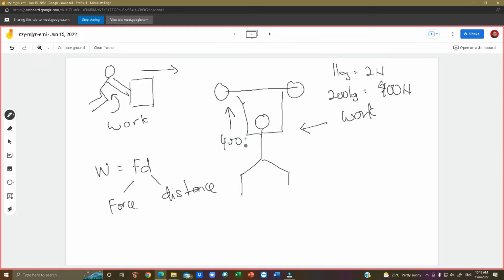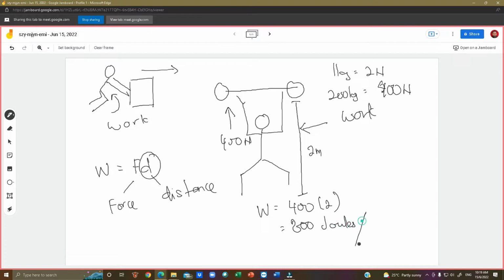Okay. And then distance here is distance of the work being done. Let's say this fella at this height, okay, orang ni pada ketinggian ini dia dah lift up the barbell for 2 meter. So the work done is 400 times 2, which is 800 joules ataupun Newton meter.